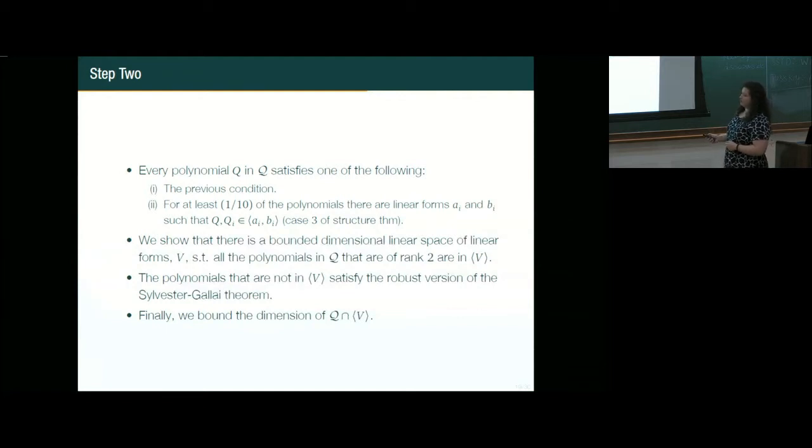To finish this, I need to bound this dimension. The intersection of Q of my set and the ideal doesn't have to be of bounded dimension, in a linear dimension or in an algebraic dimension. So I need to bound it, and we have some techniques that achieve this bound. This is the last step, and we bound this case.